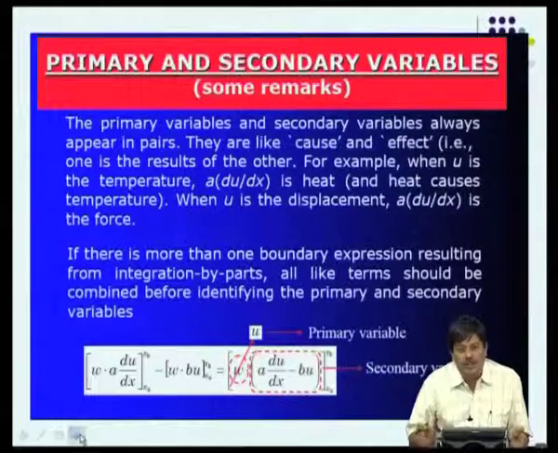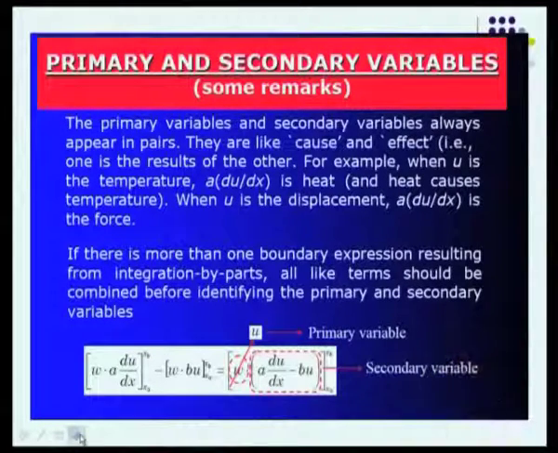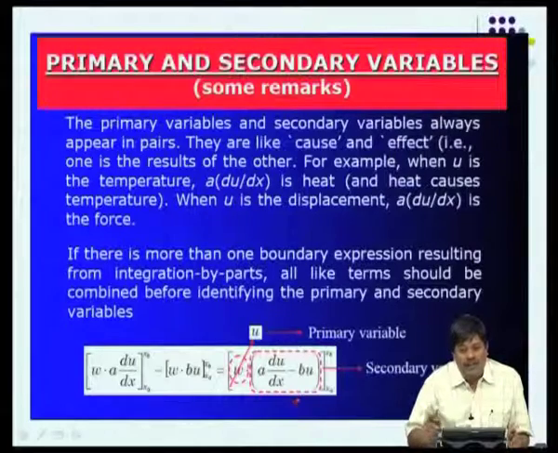So, they always occur in pairs, and if there is more than one boundary expression resulting from the integration by parts, all like terms should be combined before identifying the primary and secondary variable, as we have done here. So that we get the form of the secondary variable, which is very crucial in developing the finite element approximation to the problem.